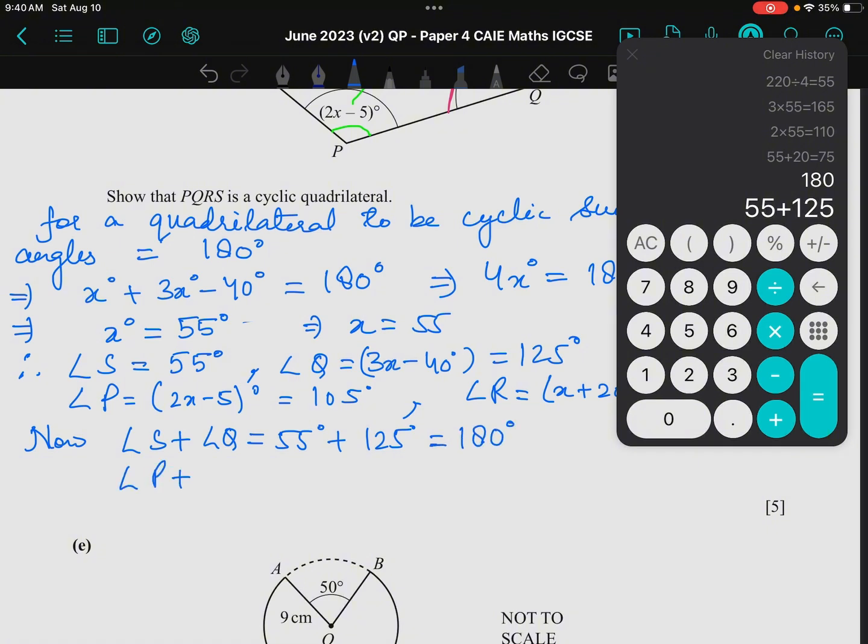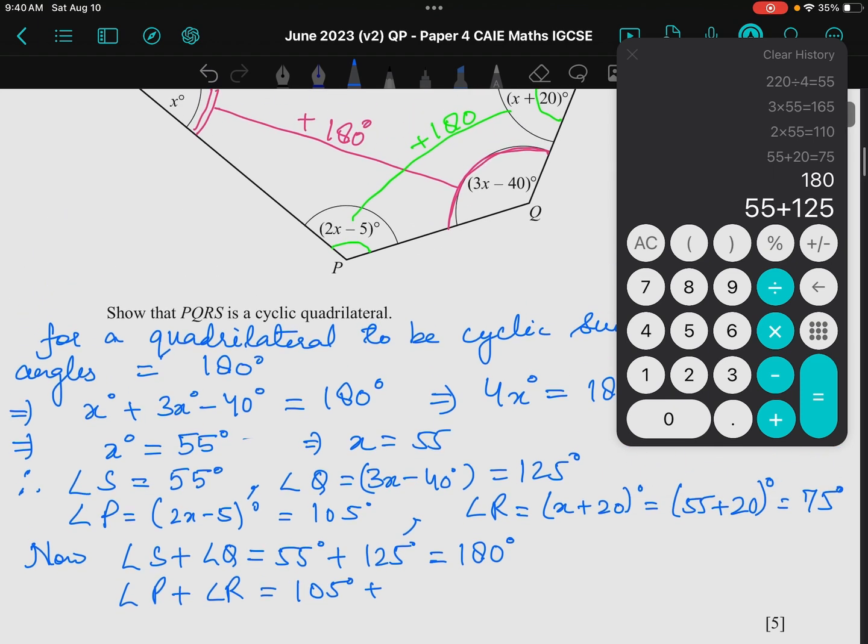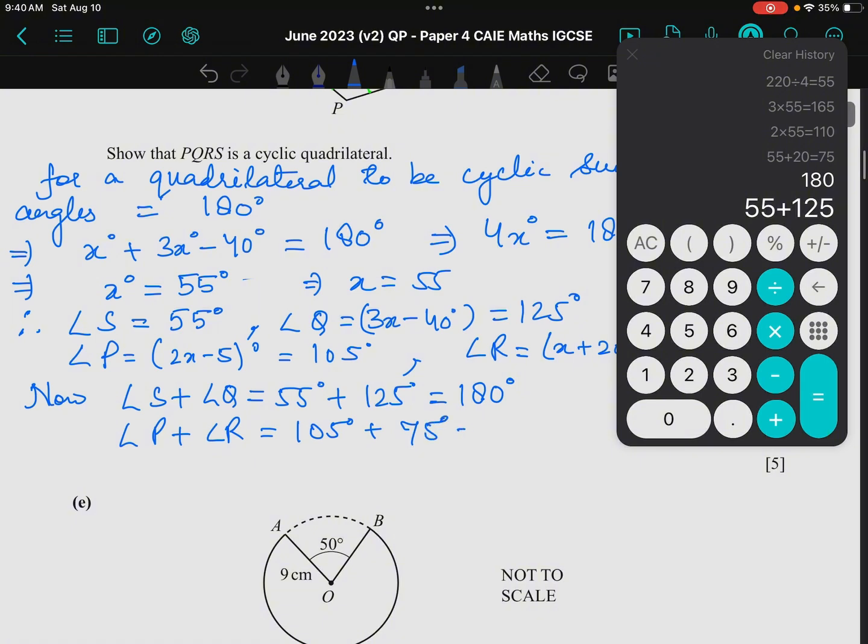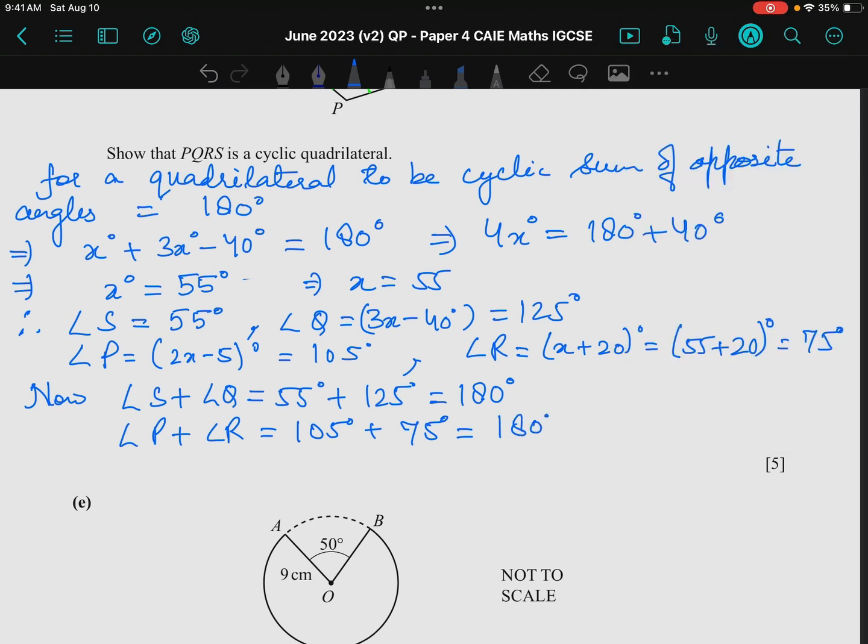Angle P plus angle R, angle P is 105, angle R is 75, that means 105 plus 75, again 180 degrees. So we have proved, because the sum of the opposite angles is coming as 180 degrees, hence this is proved. PQRS is a cyclic quadrilateral.